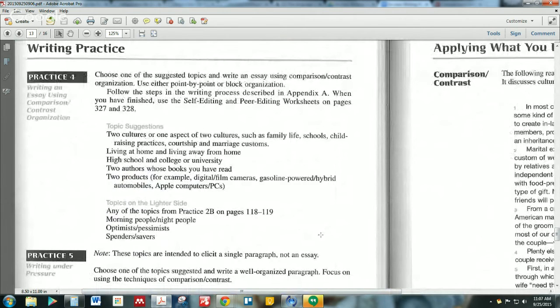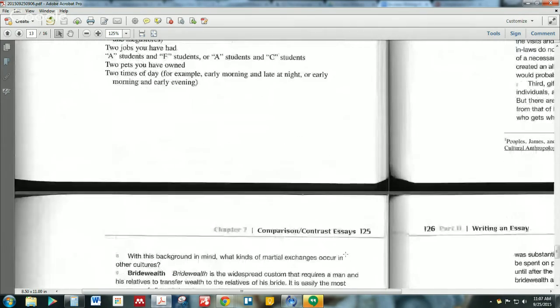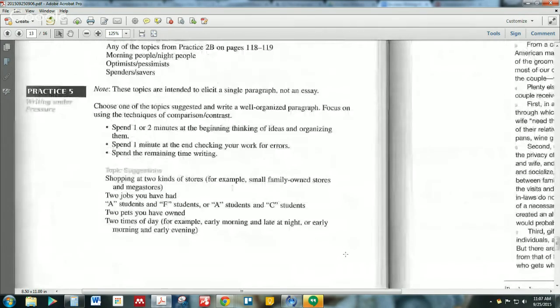So here's writing practice. I'm not going to lead you through this, but the final bit is a practice where you have to apply what you have learned.